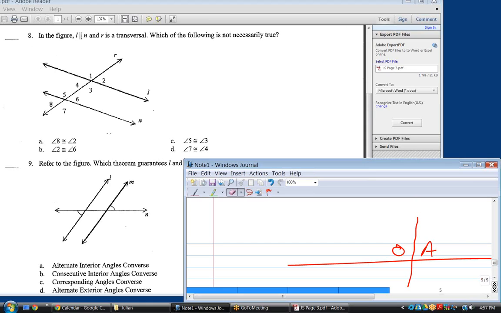Forget their attempt to fool you. All you have to do is determine whether that's obtuse or acute, regardless of perspective. Well, clearly 2 is acute, and clearly 1 is obtuse. And just as clearly, 3 through 8 can be determined to be either acute or obtuse. So clearly 7 is not equal to 4, because 4 is acute and 7 is obtuse.